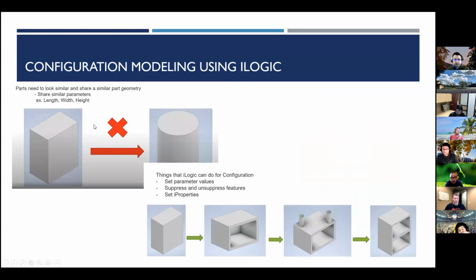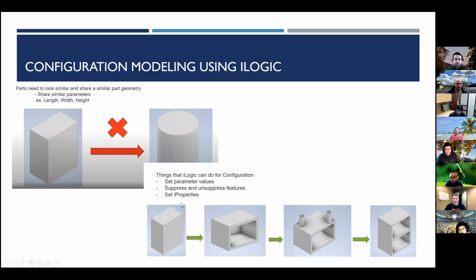So we cannot jump from, for example, a width to a radius, like in this example. We cannot jump from a rectangle to a circle. That's going to make a lot of issues on Inventor, so it's not a good idea when modeling a part. The more we can carry on the parameters, the better.